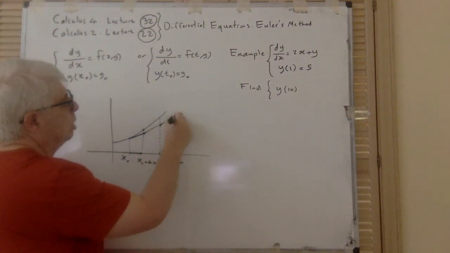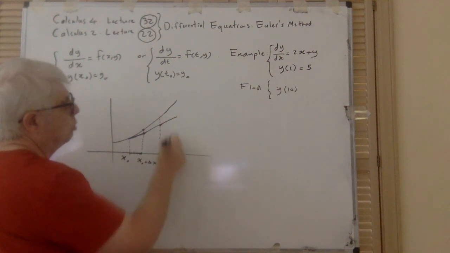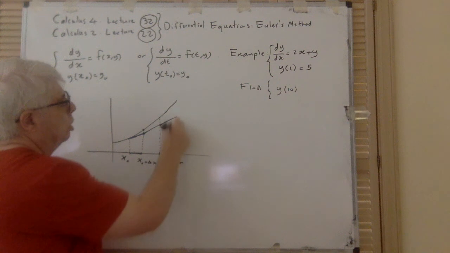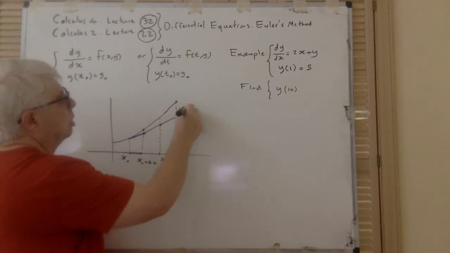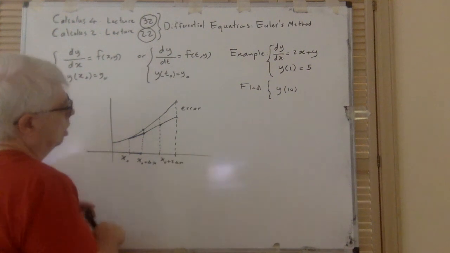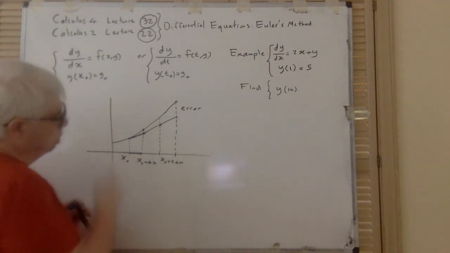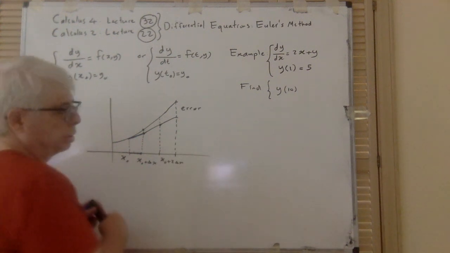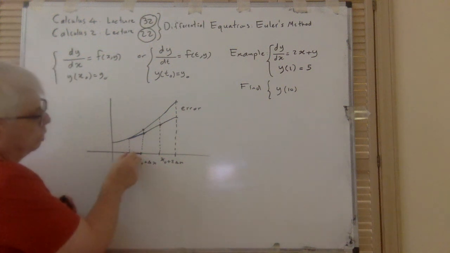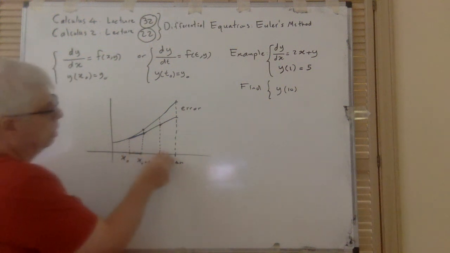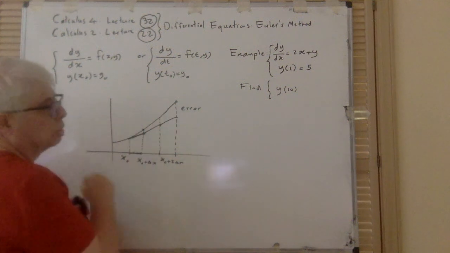And in the end, it's true that after some time, I'm just getting a huge error. Now I can reduce this error, as you can see, by reducing this delta x. So if delta x is smaller, then it definitely gets closer to this.